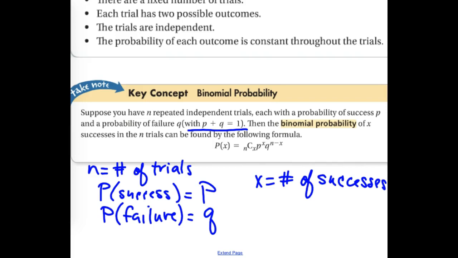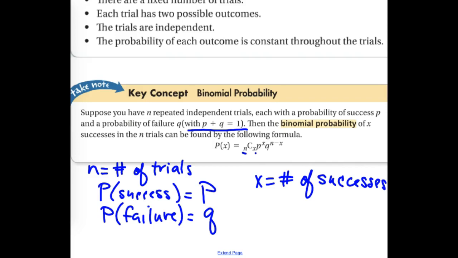The number of trials is your first number here. The number of successes is the second. So if I run 10 trials and I want 3 successes, I would say 10C3. Then we have p to the x power, where p is the probability of success and we wanted x of those. And then q is your probability of failure, and we have the remainder of those.